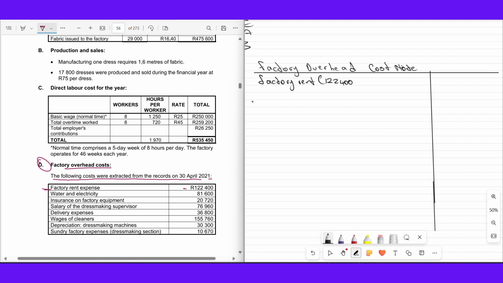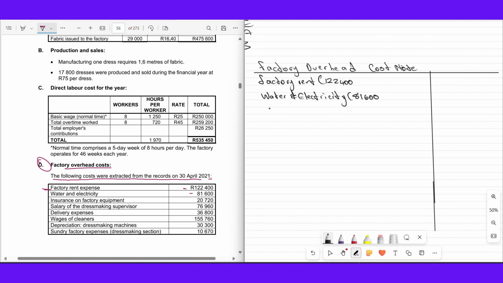Also we have water and electricity. How much do we have for water? 81,600.